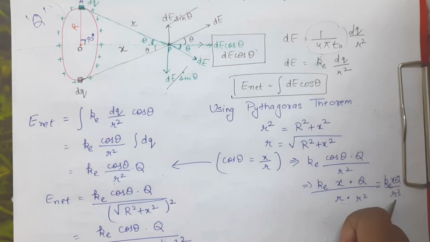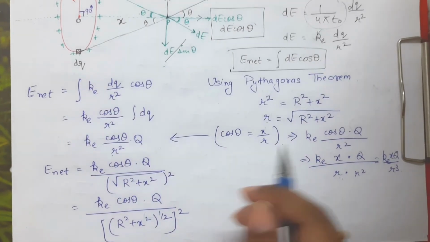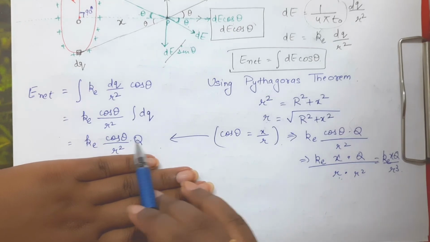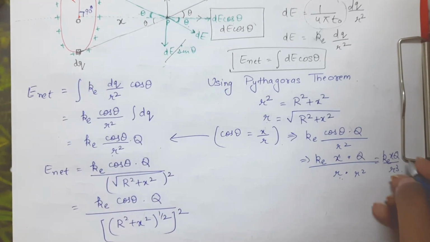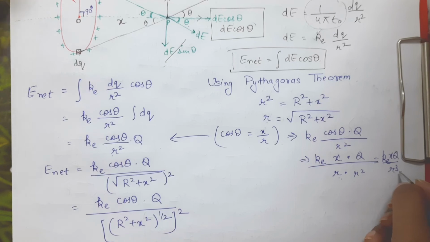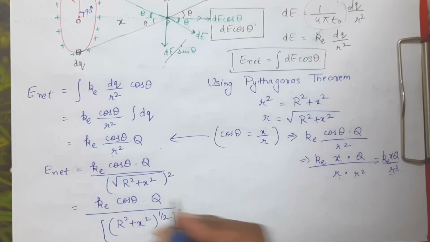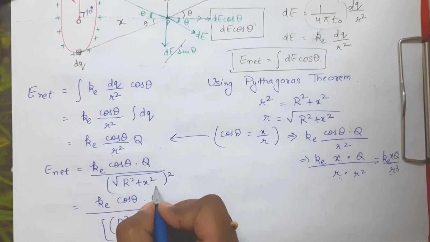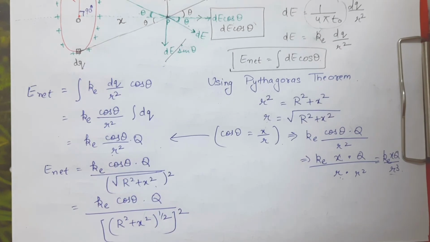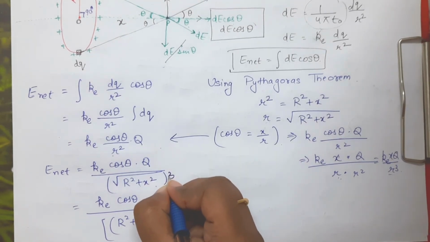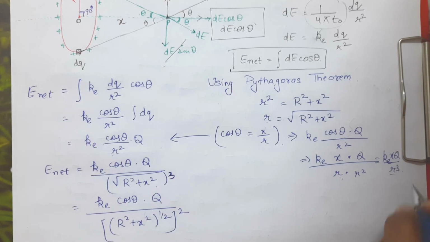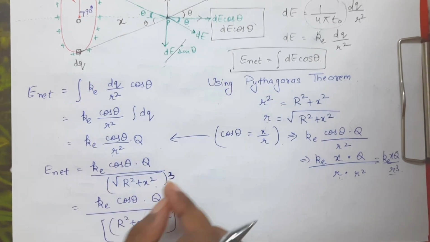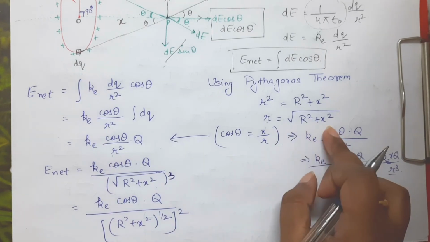Now here, instead of doing this one first, you should do this one first. I forgot to mention this. So now what you can do is, instead of r cube you can write root under r square plus x square cube, because the value of r is root under r square plus x square.